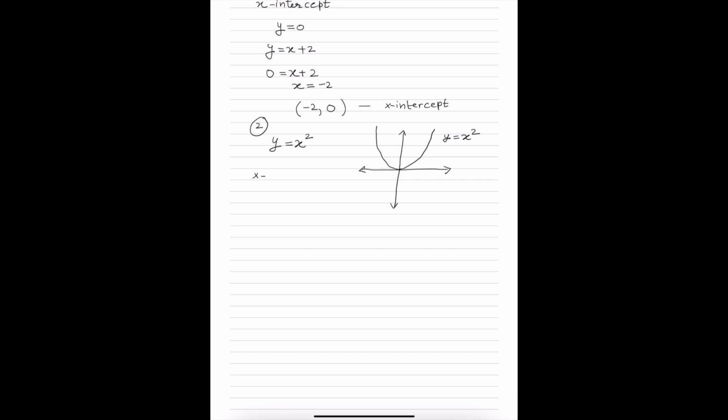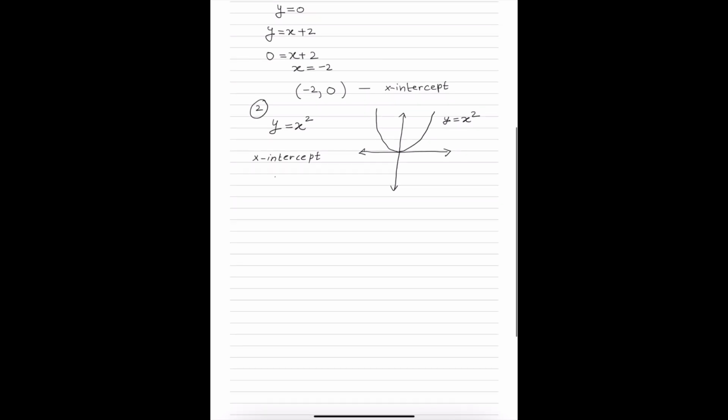So x-intercept is the point where the curve has cut x-axis. So since on x-axis all y coordinates are 0, so we will put y equal to 0 in the curve y equal to x square. So when you put y equal to 0, you get x square equal to 0, which gives you x is equal to 0.